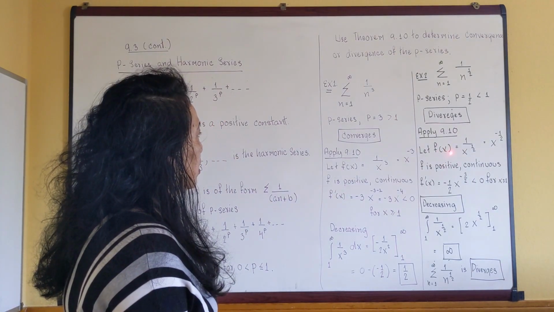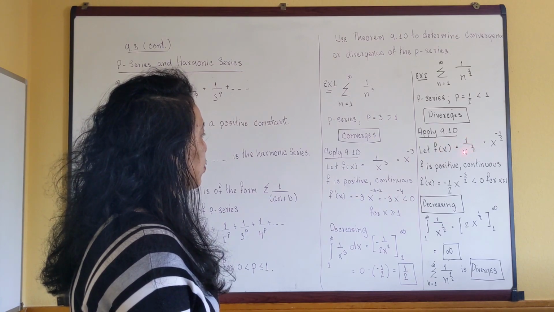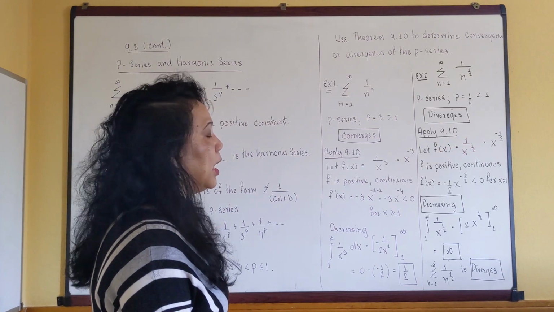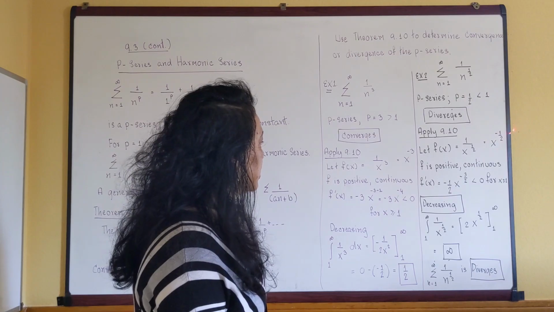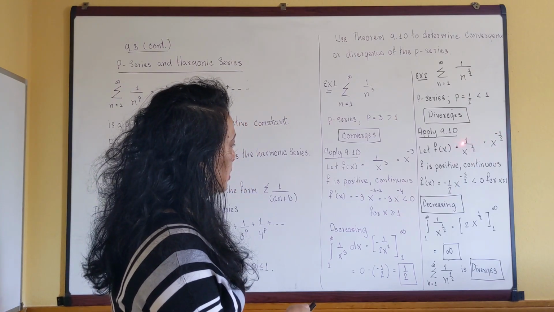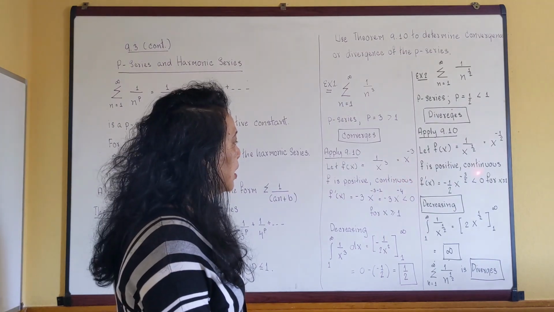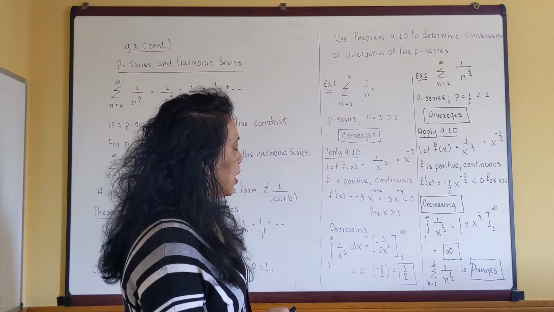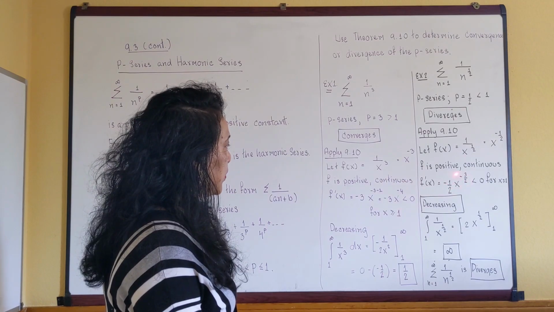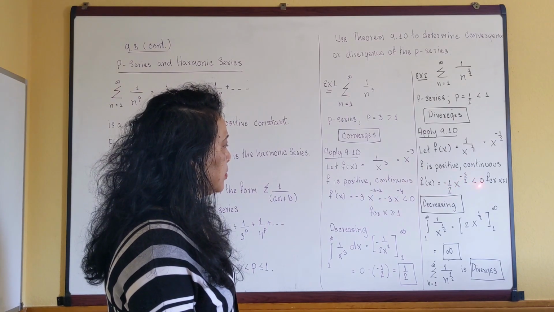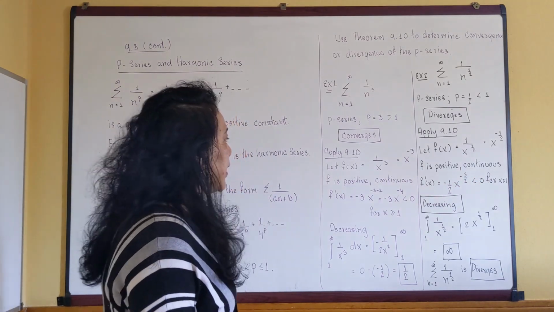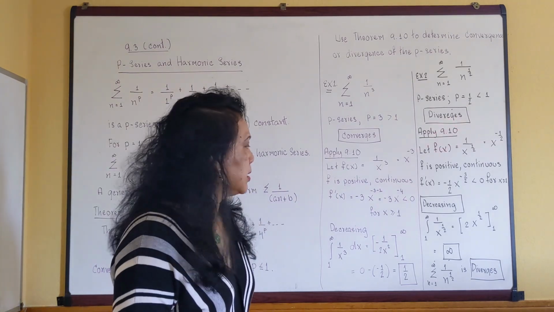I let my function be 1 over x to the 1/2. I rewrite it as x to the negative 1/2. You can see this is a positive function for x greater than or equal to 1 and is continuous. I take the derivative of it. This is what I get, which is less than 0, so it's decreasing. So I can apply the integral test.